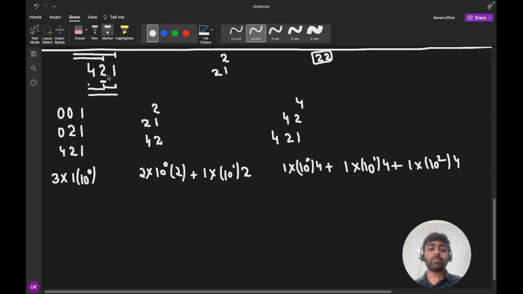So what I am seeing here is the number of digits it has after it. Suppose we are counting the contribution of 2, I will see how many places are here.